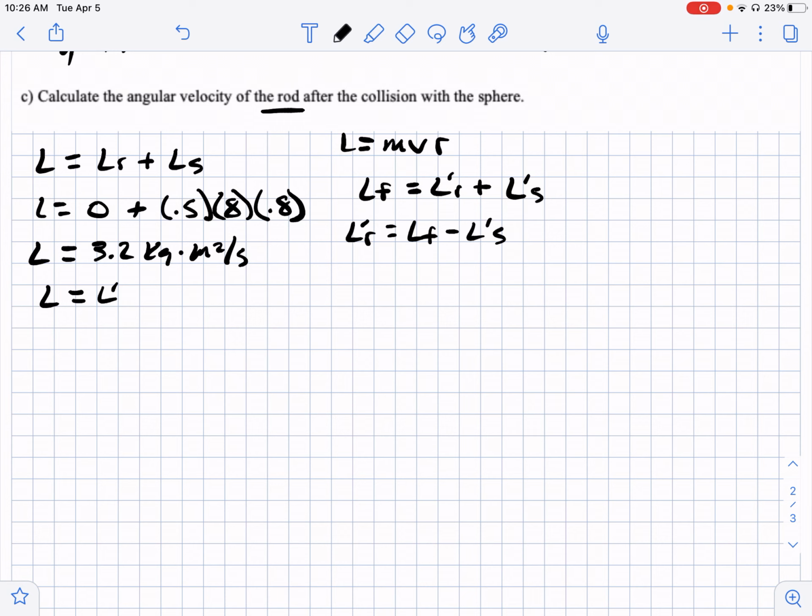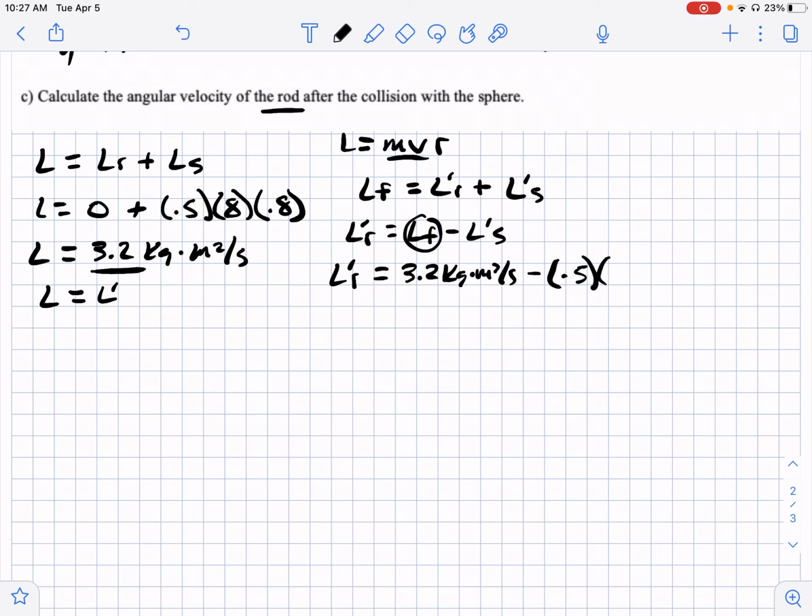And so let's go ahead and plug in our numbers. So this angular momentum of the rod after the collision is equal to 3.2 kilograms times meters squared per second, that's the value we found here in part 1, minus the angular momentum of the sphere after it rebound. So we're going to use that same mvr equation, but now we're going to have that new velocity. So the mass is still 0.5.